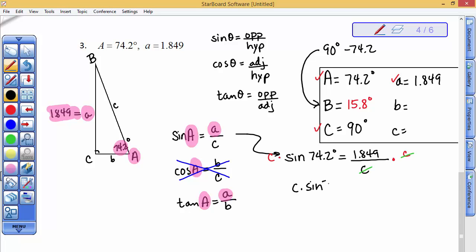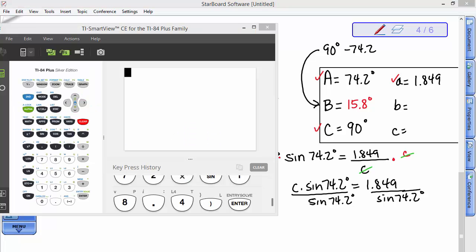So now what you have on the left side is C times the sine of 74.2 degrees equals the 1.849. That's all you have. You want to solve for C, so you're going to divide by the sine of 74.2 degrees, both sides, in order to solve for C. So in this problem, when my unknown was downstairs, I'm going to do division. In the previous problem, I did multiplication.